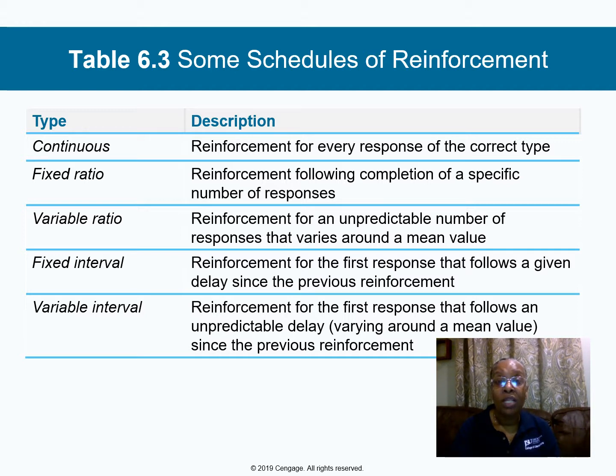Checking your mailbox can be an example of a fixed interval schedule, if your mailman does what they're supposed to do on a timely basis every day. Mine doesn't. But showing up at a specific time for class can be another example of a fixed interval schedule.